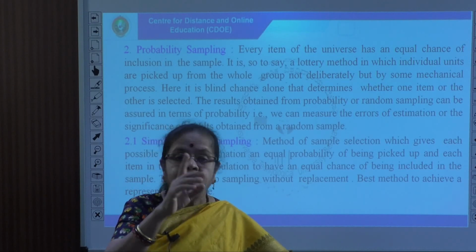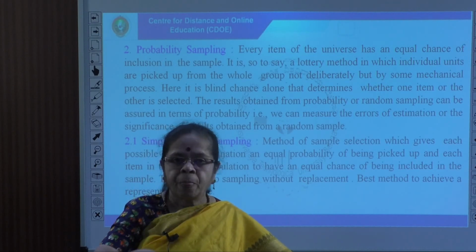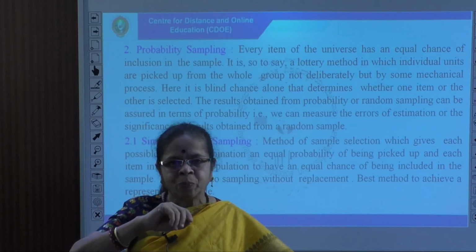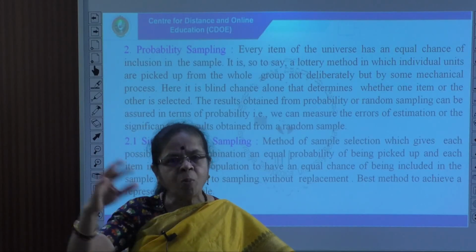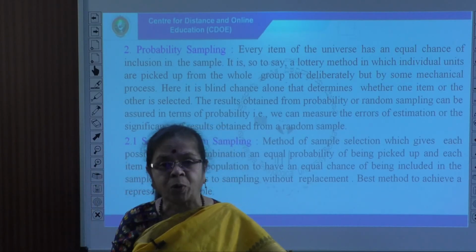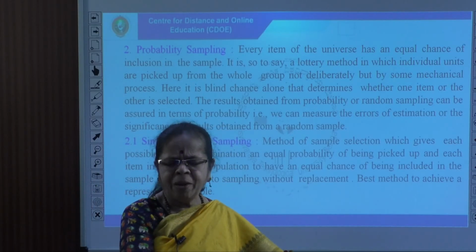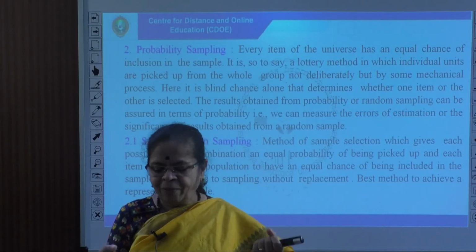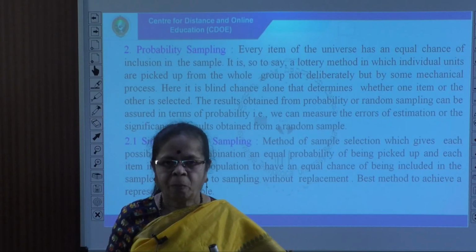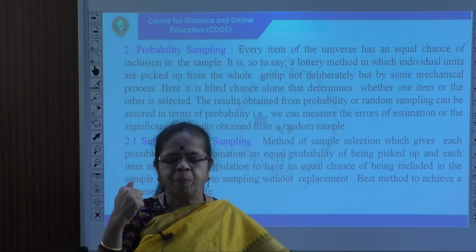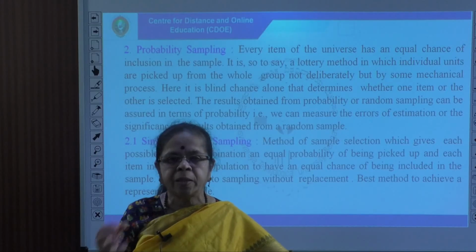So, I can have yellow red, then I can have yellow blue, yellow green, yellow pink, then I can have red blue, so many combinations. Let us not go into the numbers, so many combinations are possible. So, now I pick up my first ball and my second ball. So, I find it is yellow and red, I put it back. Next time I pick up 2 balls, then I find it is pink and purple.